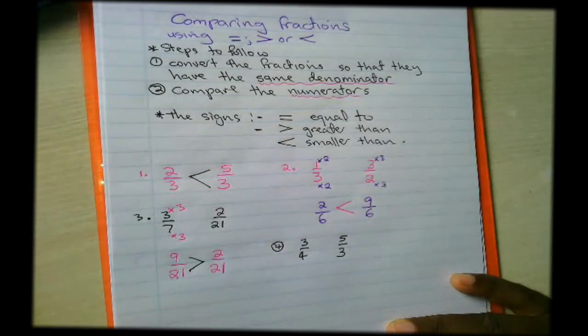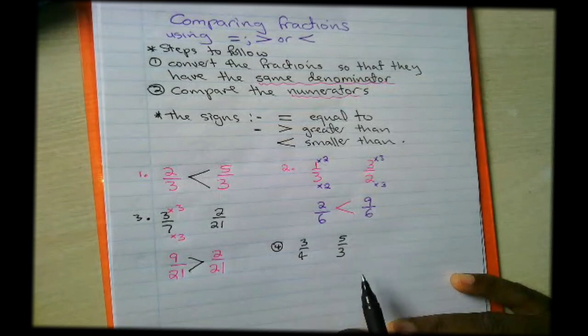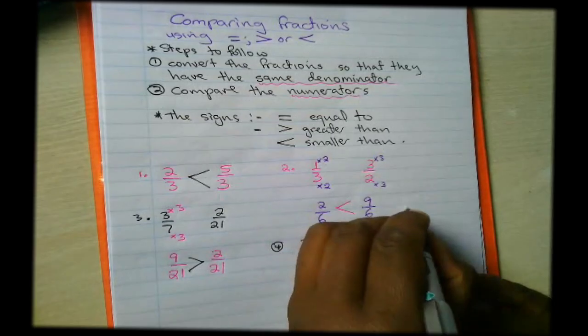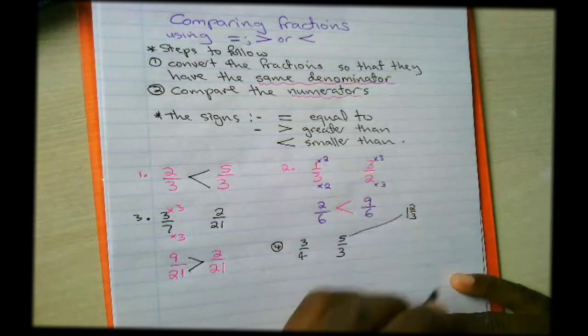All right. Without changing anything, you can actually tell that 5 over 3 is bigger because it's an improper fraction. If we convert it to a mixed number, 3 goes into 5 once, that is 1 whole, with a remainder of 2. So this can be converted to 1 and 2 over 3.